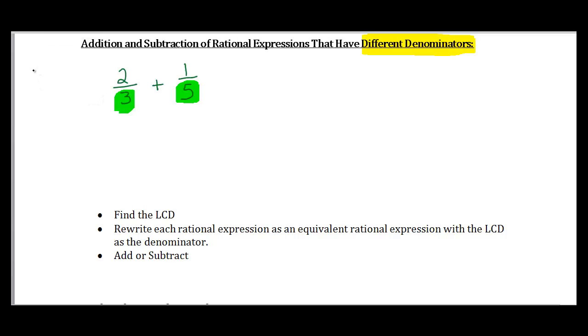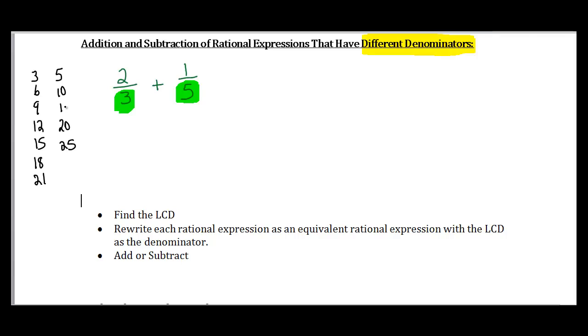For instance, if I think about the multiples of 3: 6, 9, 12, 15, 18, 21, and so on and so forth. Those are the multiples of 3. The multiples of 5: 10, 15, 20, 25, and so on and so forth.